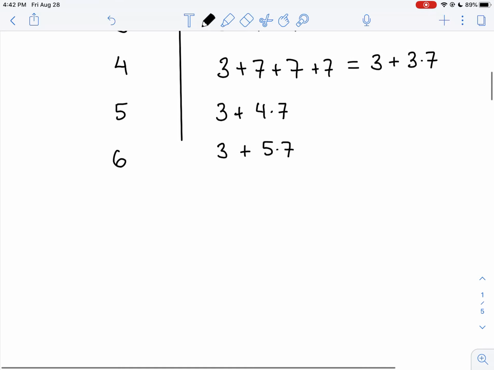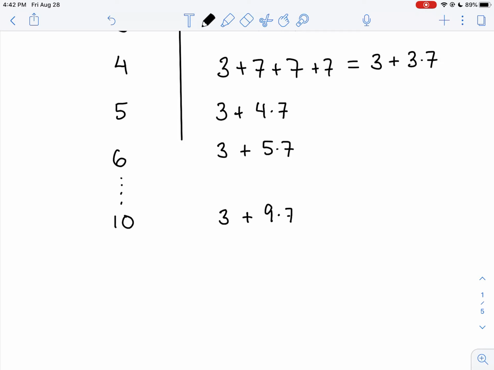And we start being able to come up with a pattern. What if I skipped ahead and said, hey, what's the 10th term in this list? According to this pattern, it would be take 3 and add to it, well, how many 7s get added to 3 to go from the 1st to the 10th position, and it's going to be 9 7s.